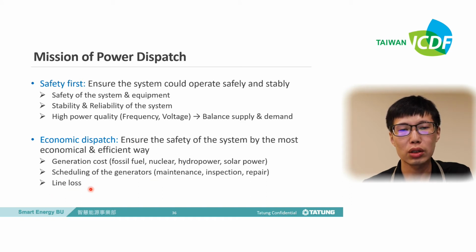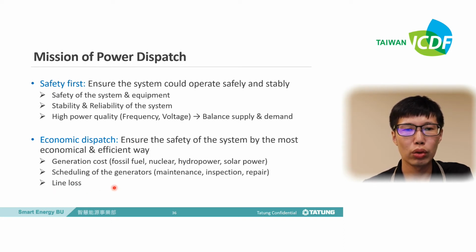And for line loss, if the generation cost of generator A is lower, but it is far from the load, then the line loss will be larger.